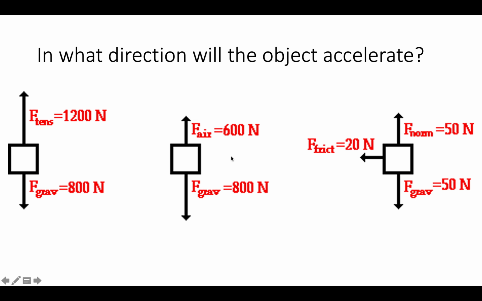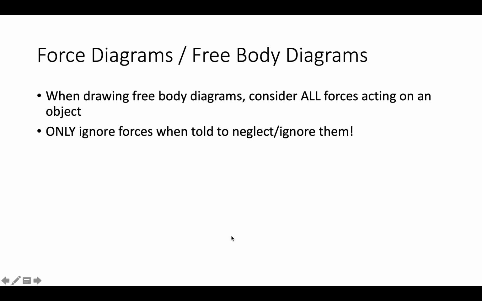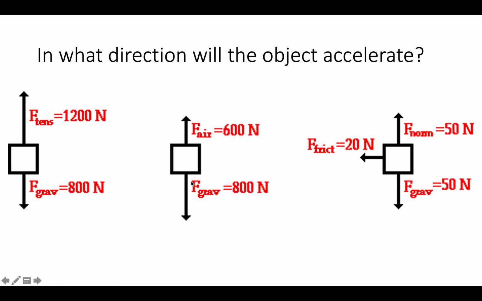So the net force, when you subtract them, is 200 newtons in the direction of the bigger force. So 200 newtons down. So it will accelerate downwards. And you can see that this arrow is bigger than this arrow. This is the larger force. This is 800. This one's only 600. So it will accelerate downwards.